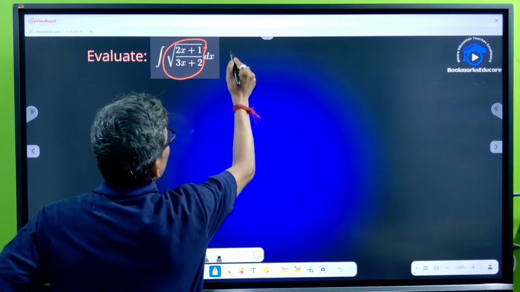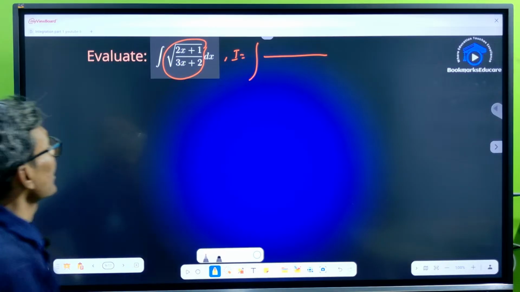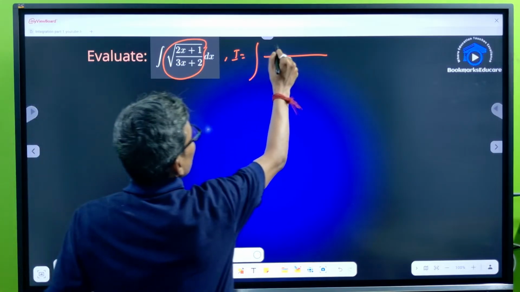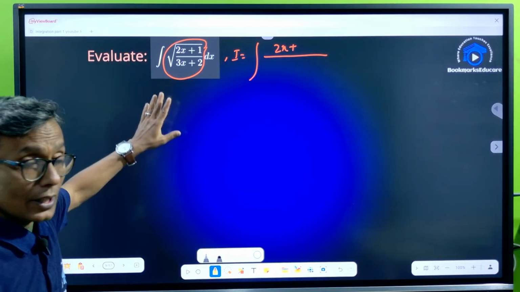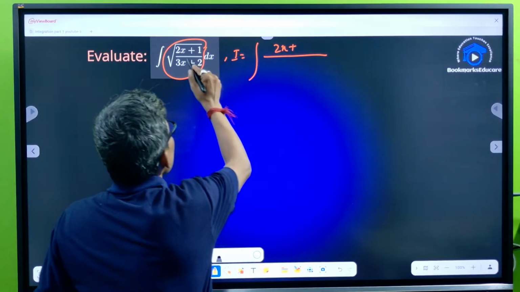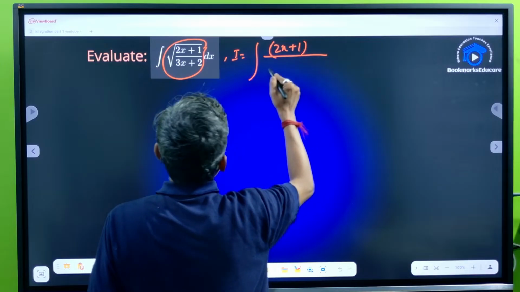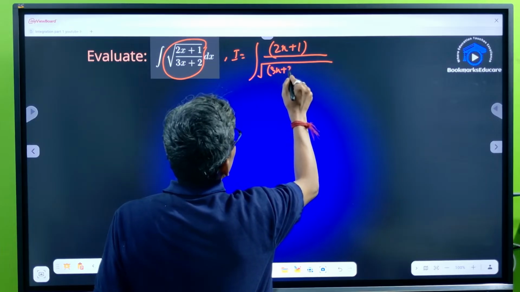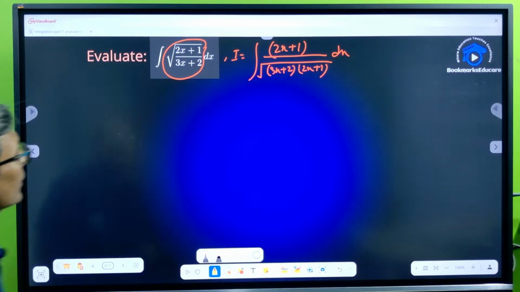So I is equal to, let me rationalize, rationalizing by root over 2x plus 1. So multiplying numerator and denominator by root over of 2x plus 1, the result will be 2x plus 1 by root over of 3x plus 2 into 2x plus 1 dx.